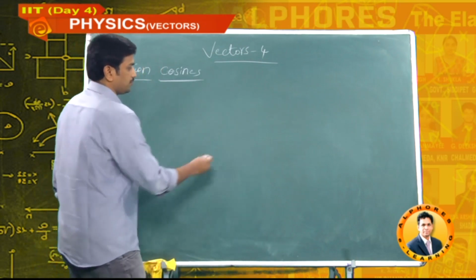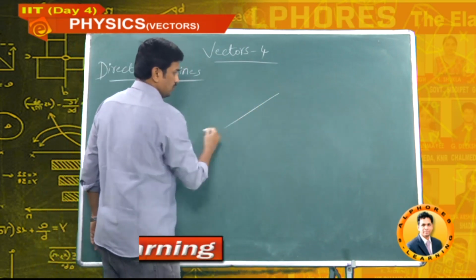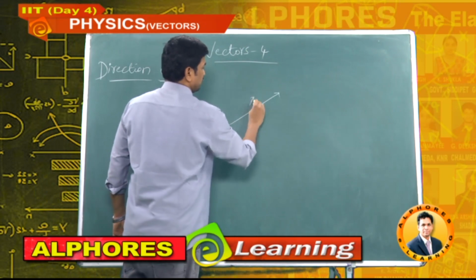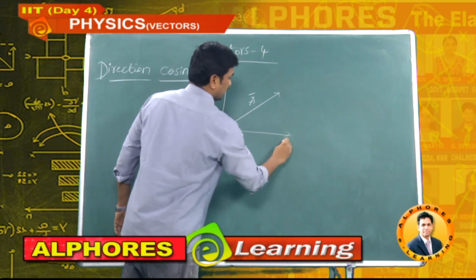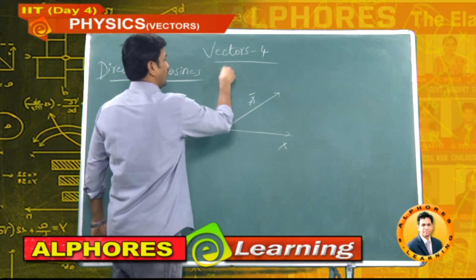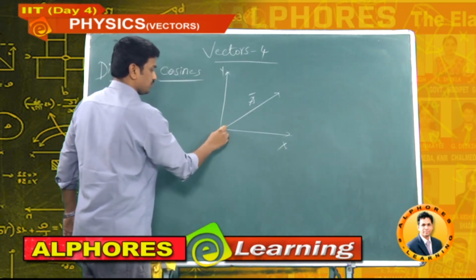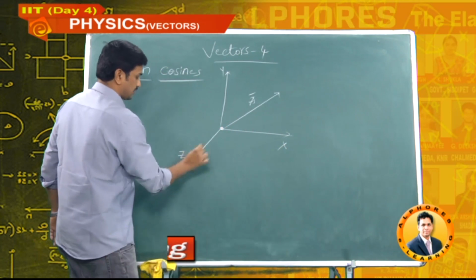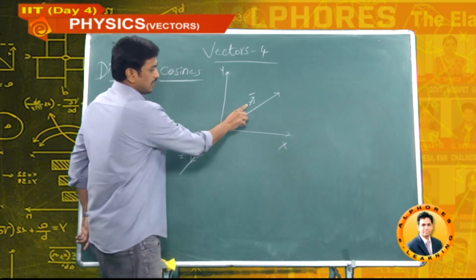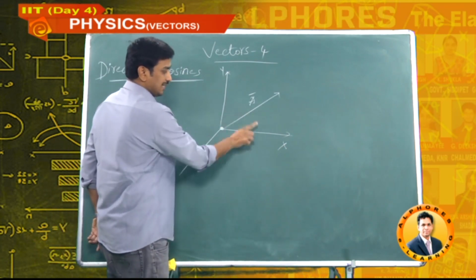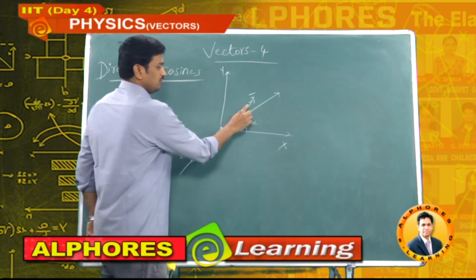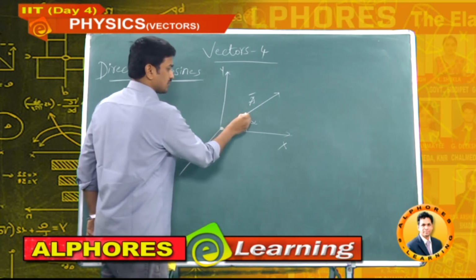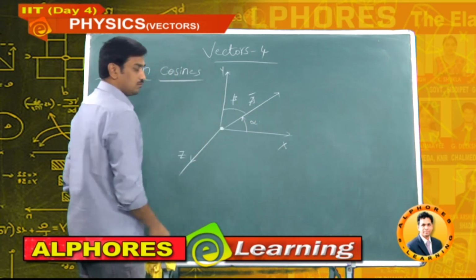See here. A bar, x axis, y axis, z axis. See the vector, how it is with the x axis, alpha angle. The vector with the y axis, beta.